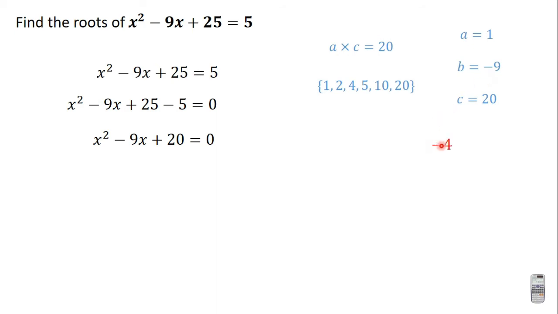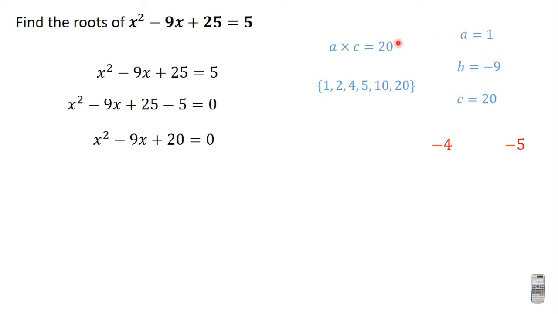So we will have negative 4 and negative 5, because negative 4 times negative 5 will give us 20, and negative 4 plus negative 5 will give us negative 9. So the two numbers we are looking for are negative 4 and negative 5. Once again, in an examination, you only go through this process to find the two numbers. Here, the two numbers are negative 4 and negative 5.